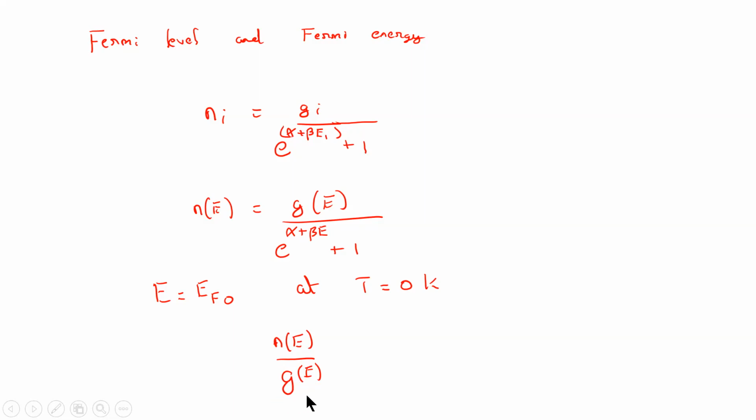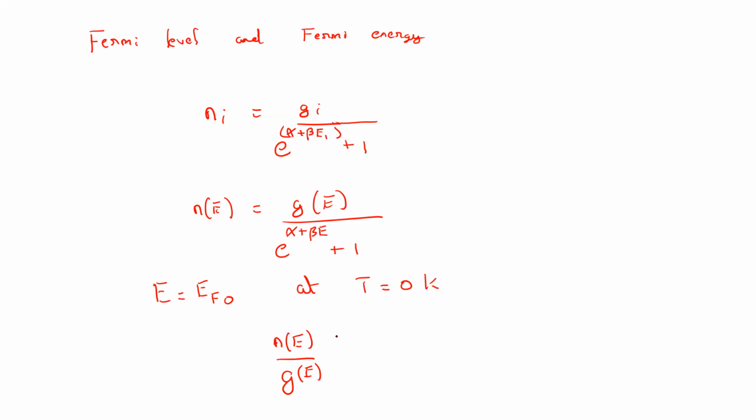So this value can vary between 1 and 0. 1 means all the states in that energy, each cell, is completely filled, and if it is 0, then it is completely unfilled. So at temperature T equal to 0 Kelvin, the energy value at which all the cells are completely filled, each state.